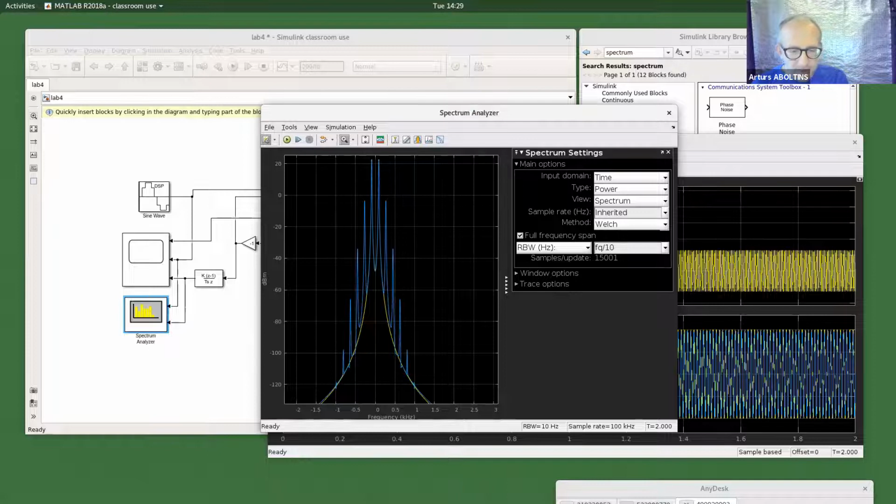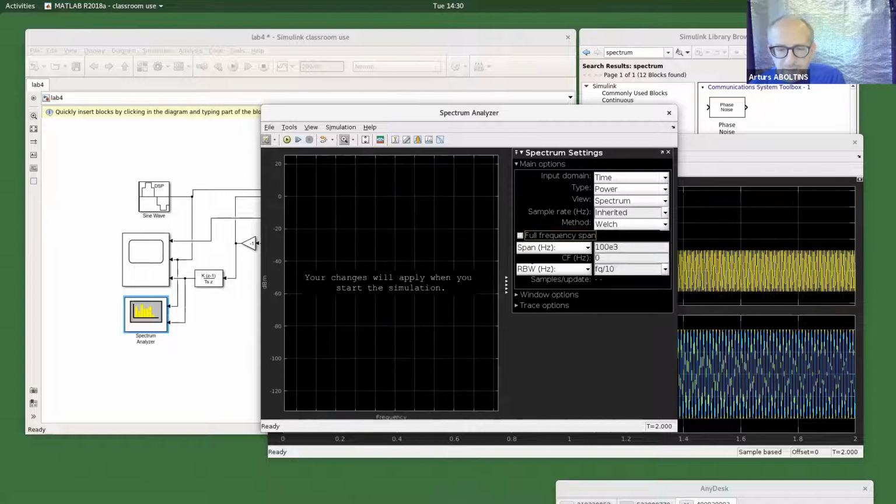Because of the very high sampling rate, we are not interested in such high bandwidth. So let's use not the full frequency span, but maybe the first 10 harmonics.